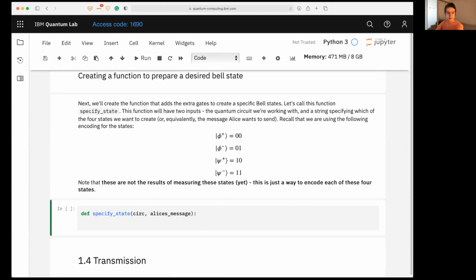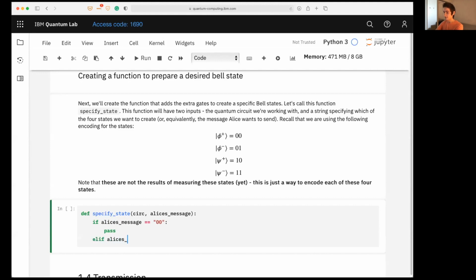Okay, so I'm going to just use if-else statements here. So if Alice's message equals 0, 0, that's our first case. But remember, in this case, we actually don't do anything. And so the command, I guess, in Python for don't do anything is just pass. Does nothing. Okay.